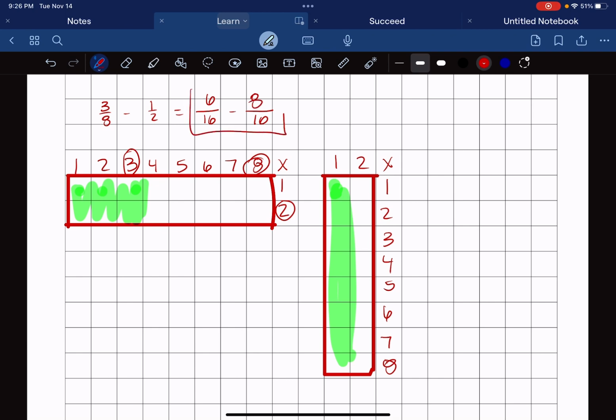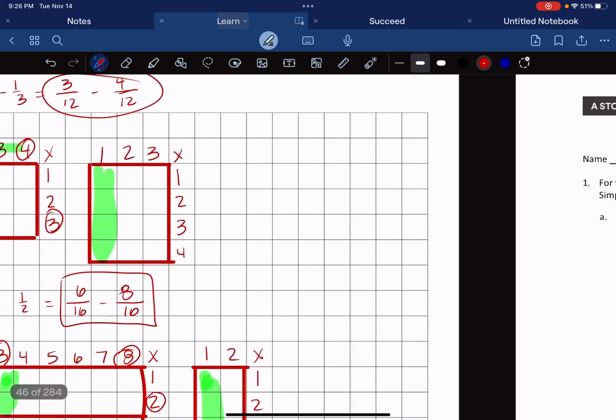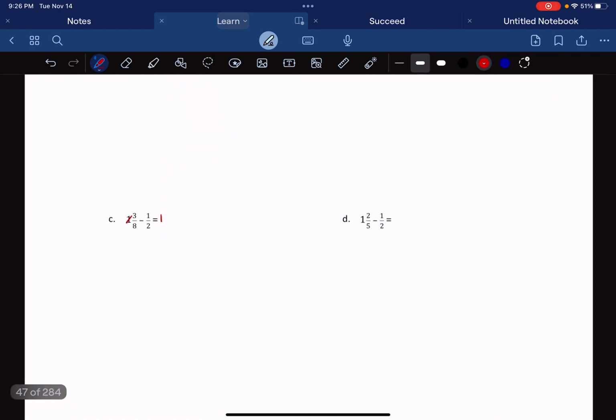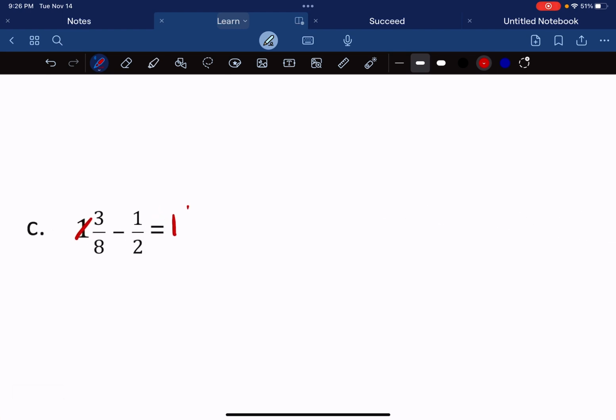So again, I cannot do 6 minus 8, so I do need that whole number to help me out. So I have 6 over 16 and 8 over 16. Remember that 6 over 16 goes with that 1, minus 8 over 16. Now I'm going to come here and make this an improper fraction.